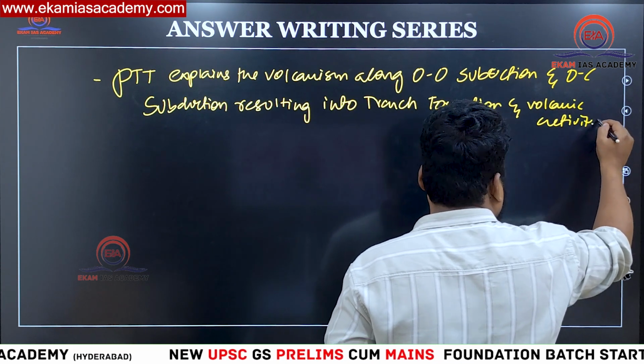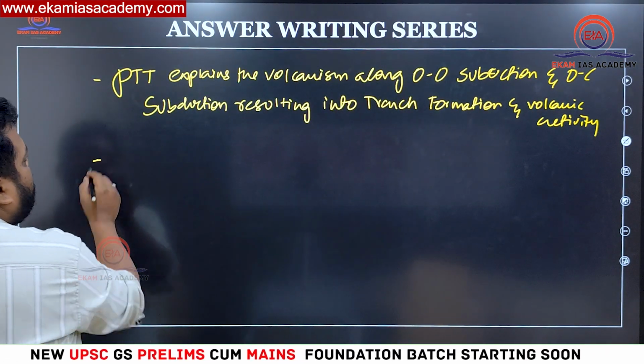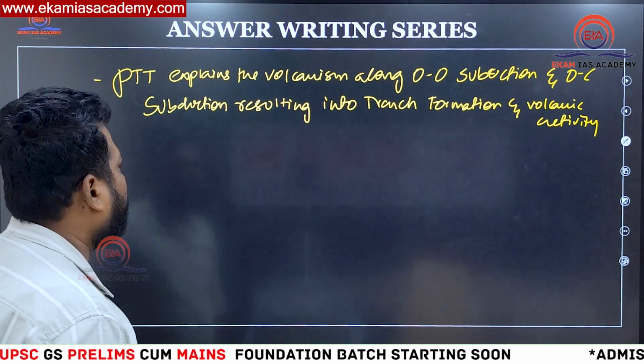Wherever subduction happens, the subducted portion would be melted and that results in volcanic eruption. So this is what the plate tectonics theory explains.